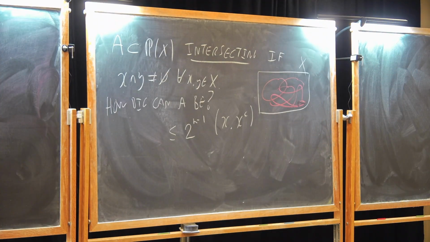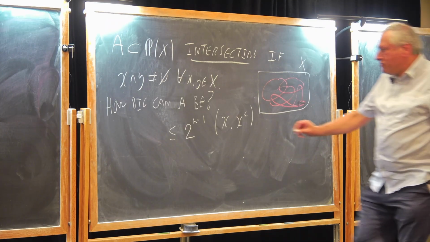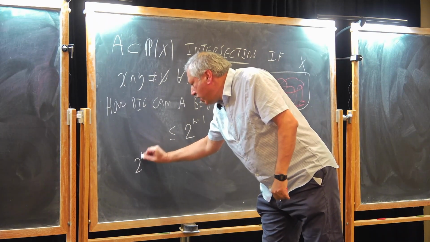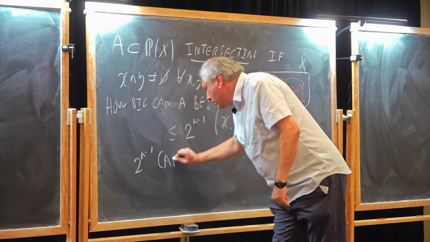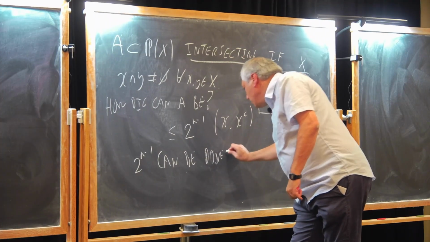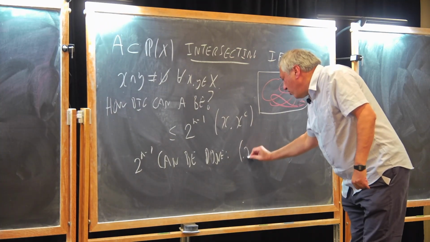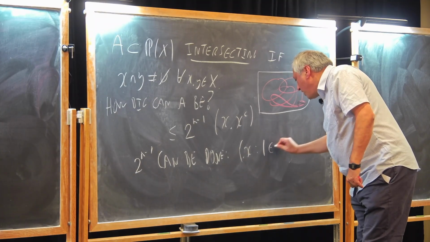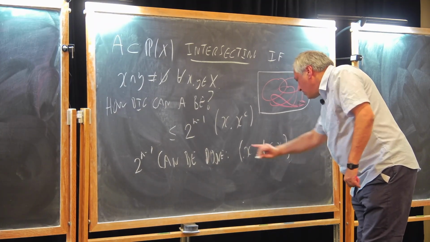But equally obviously, you can achieve half. Just take all sets containing 1. That's 2 to the n minus 1, because that's all subsets of 2 up to n. So 2 to the n minus 1 can be done. For example, the set of all X such that 1 belongs to X.